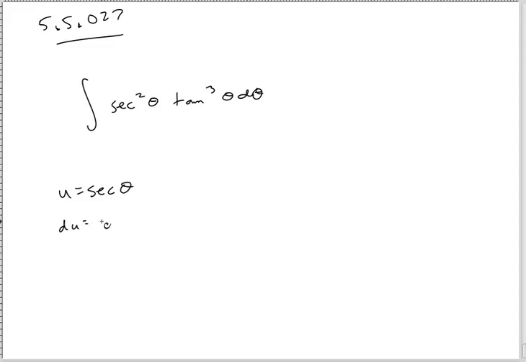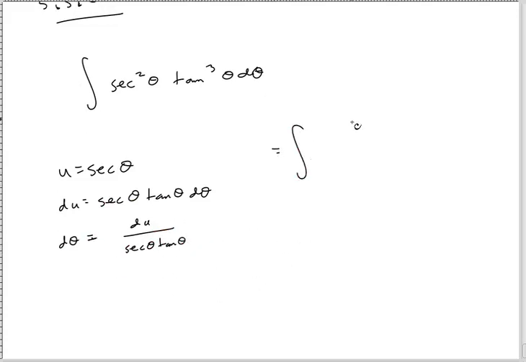What's the derivative of secant? It is secant tangent d theta, and I am going to solve for d theta. I know it's a simple step. You probably have figured out how to start canceling things at this point, but it's very nice to have that handy. So that's going to be a u squared. That's the secant squared, u squared.